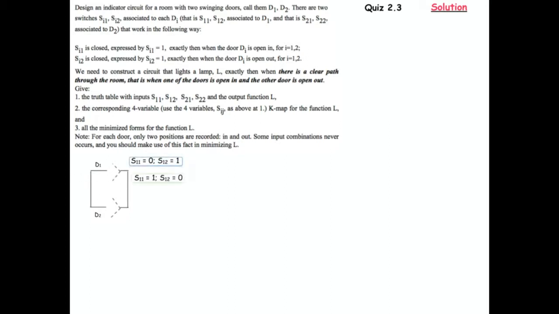Now, if you think about it for a second, the two switches are really redundant, and they're intentionally redundant in a way. And again, they're numbered. So if there's door 1 and door 2, then the switches for door 1 are S1, switch 1, and switch 1, and the two switches for the other door are switch 2, and switch 2, right?